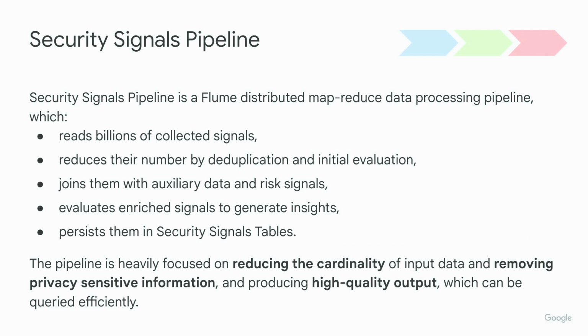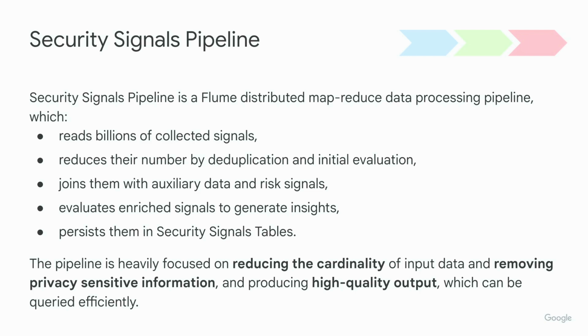I mentioned trillions of HTTP requests and responses are passing our reverse proxies. We sample them up to 1%, so we end up with roughly billions of collected signals every day. So the pipeline needs to reduce that number by doing deduplication, by also reducing cardinality of certain attributes. We'll talk about it in a second.